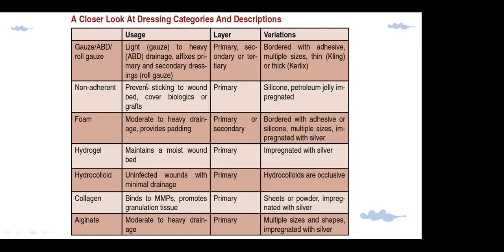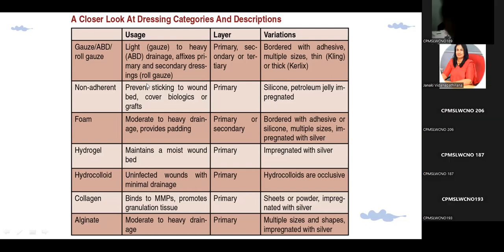Heavy drainage, primary to secondary dressings, non-adherent ones prevent sticking to the wound, and also foam for moderate to heavy drainage provides padding, that sort of thing. When you are trying to practically choose a dressing, is this helpful? Can you choose a dressing reading this? It's quite difficult, isn't it?